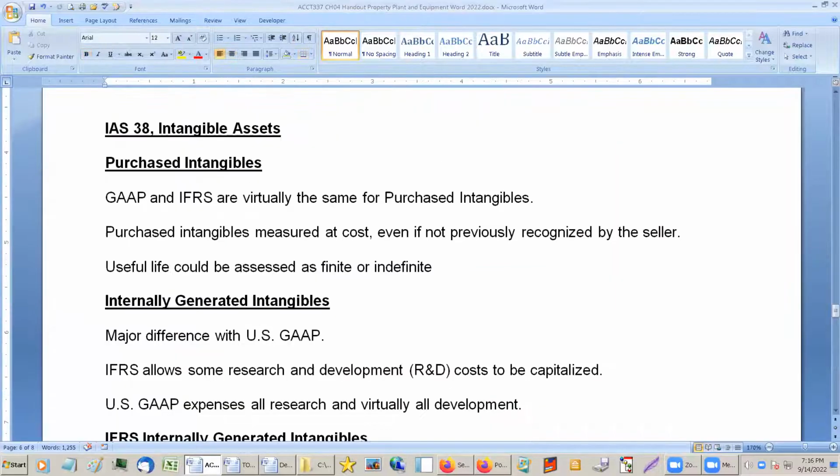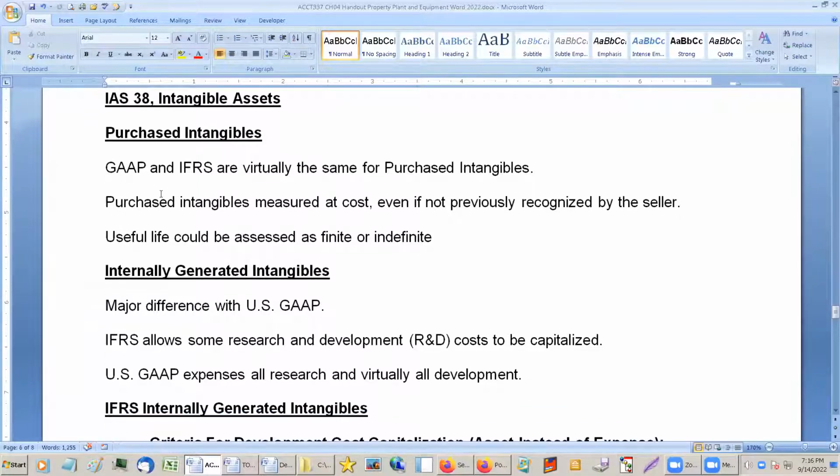Okay. Now, purchased intangibles are different than internally created ones. Purchased intangibles have a value. You don't know that about internally generated ones, but if you're actually buying it, it must have a value.